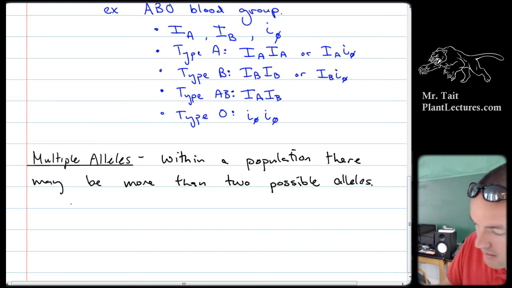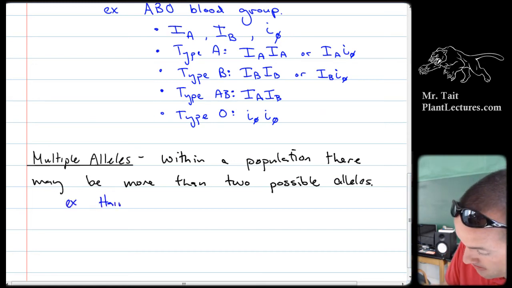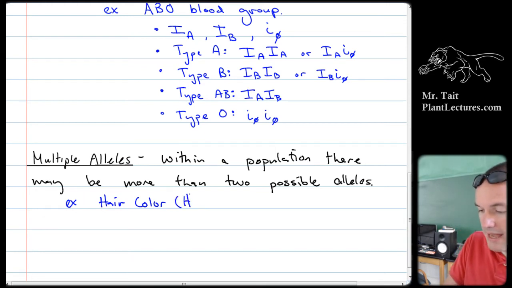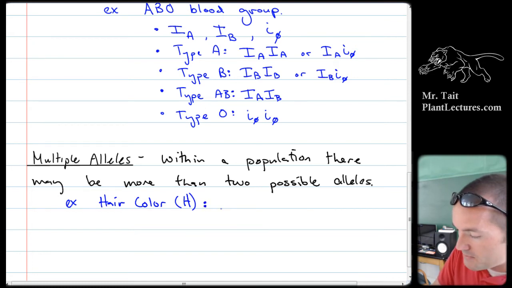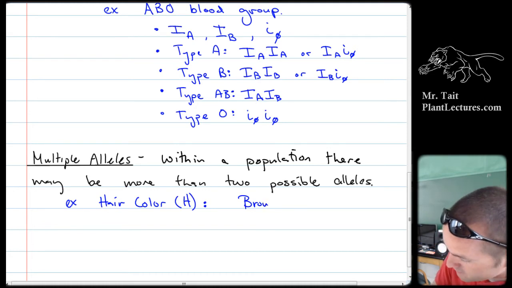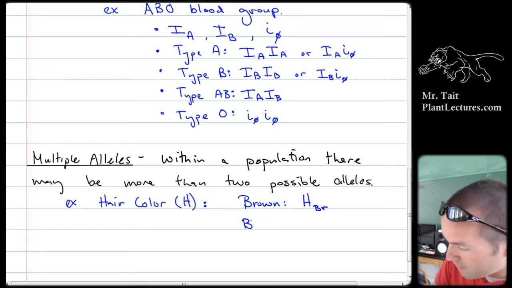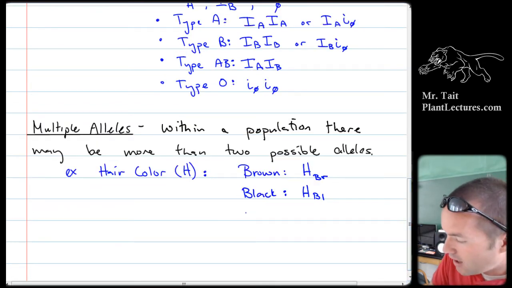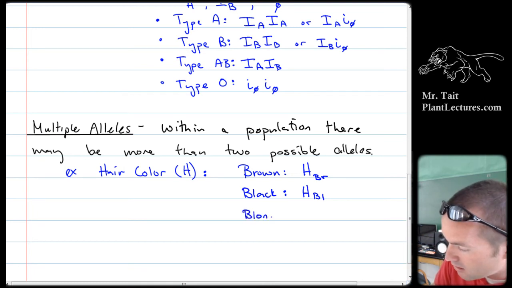Okay, so let's look at something like hair color. We're going to say hair color is the gene H. Okay, and then let's say that there are people that have brown hair. And brown hair would be big H sub BR or something like that. There are people who have black hair, big H sub BL. There are people who have blonde hair.